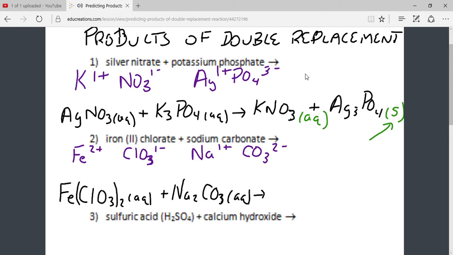Once you've written the formulas for the reactants, switch the positive ions to write formulas for the products possible. Now we write the formulas of the two new products.